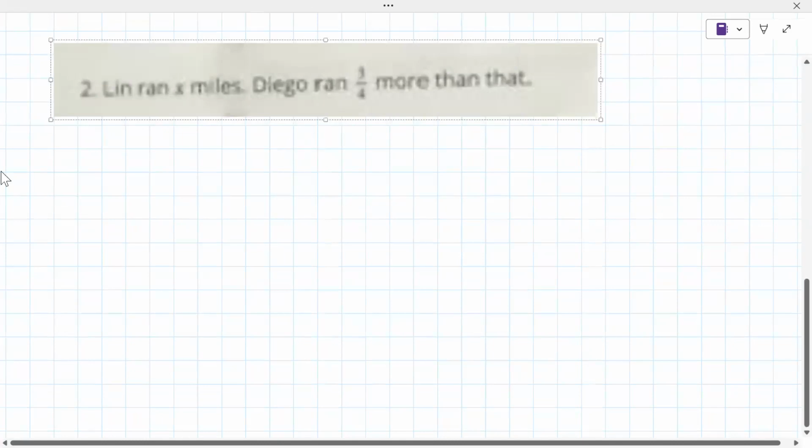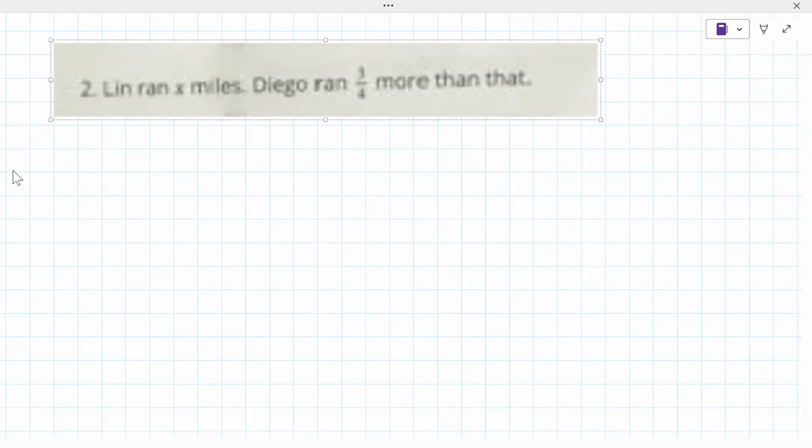So Lynn ran X miles. Okay. Diego ran 3/4 more than that. So we have to figure out, well, what's a number that is again divisible by 4? Because when you're dealing with fractions, you always want to be able to get a whole number.